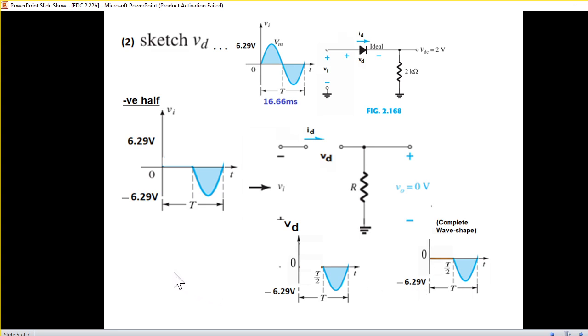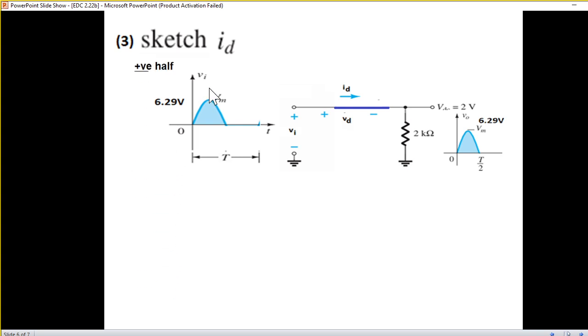So this is part 2. And now the current ID. Again for the first half, the positive makes the diode a short circuit. So the current is flowing through here and the total voltage will appear across the resistance. So no voltage here, but whatever current is flowing through this will also be flowing through this circuit. And the current will be this total voltage.